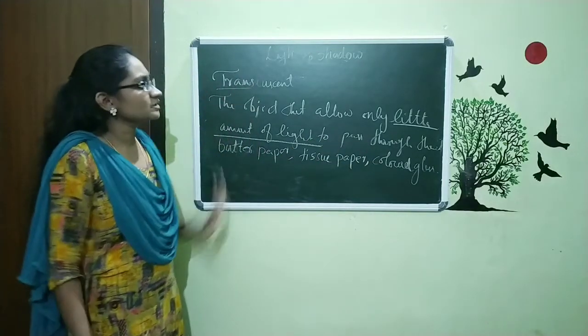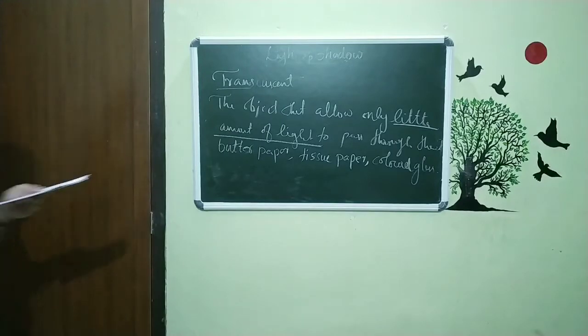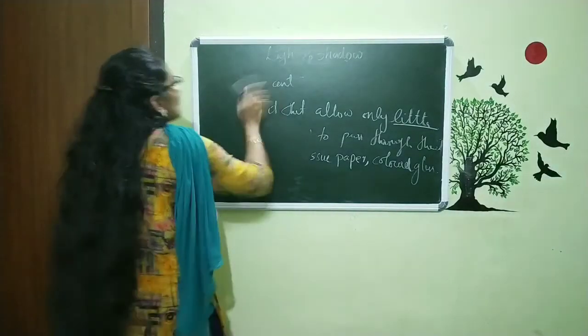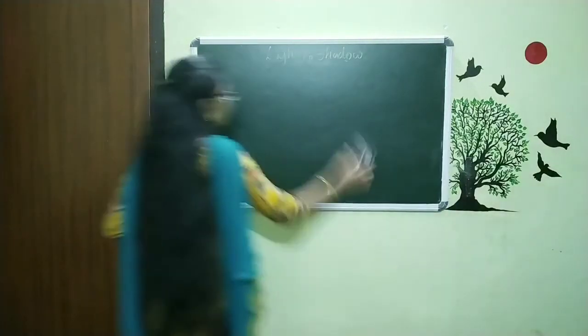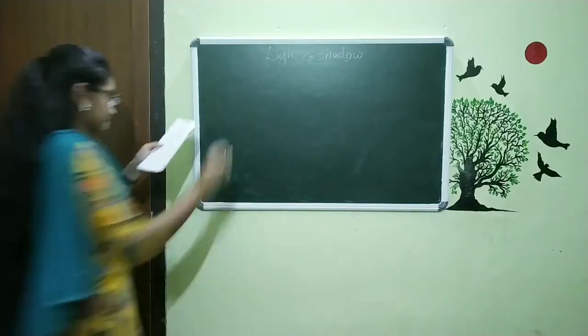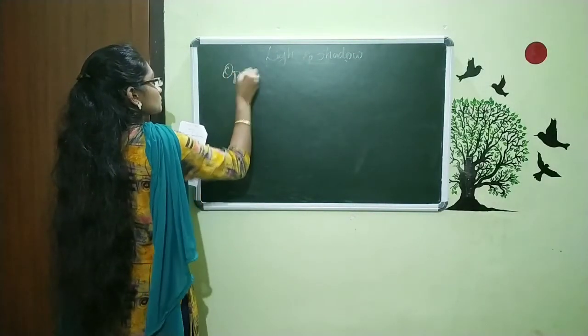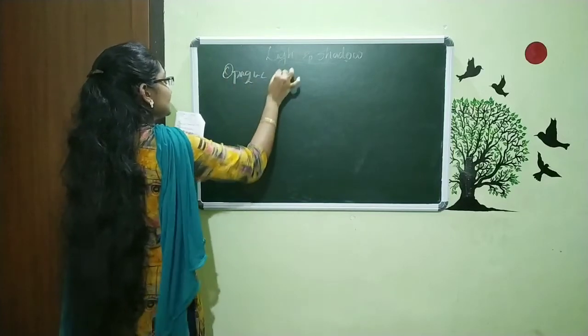So these are about the translucent material, and the final one is this opaque objects or opaque substances or materials. Opaque materials.